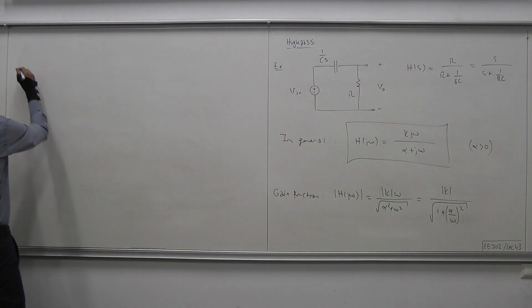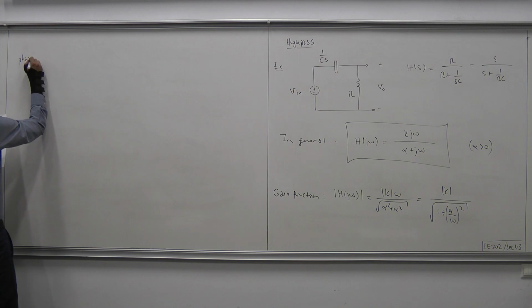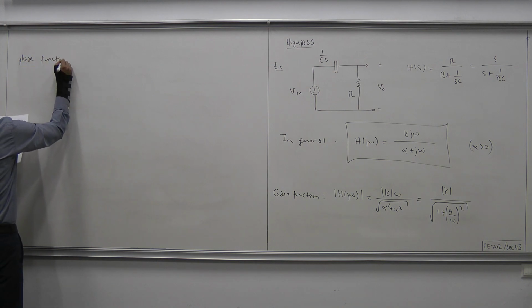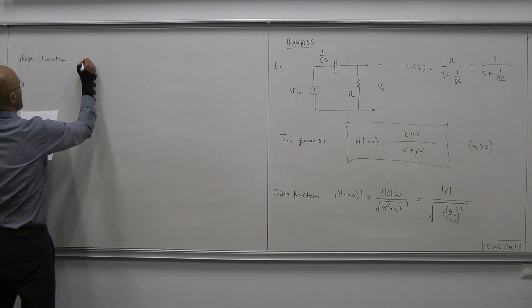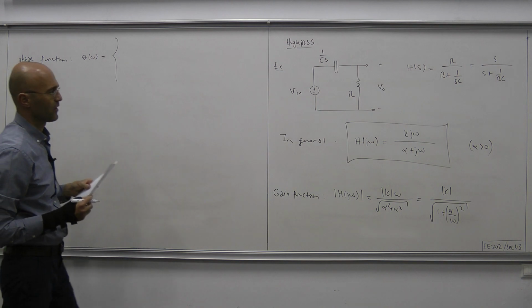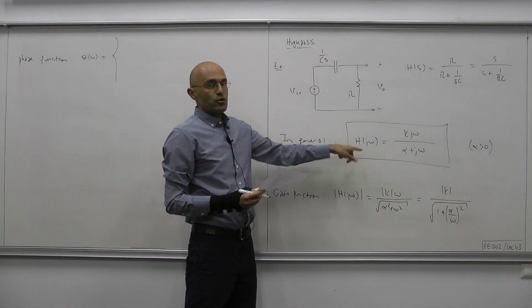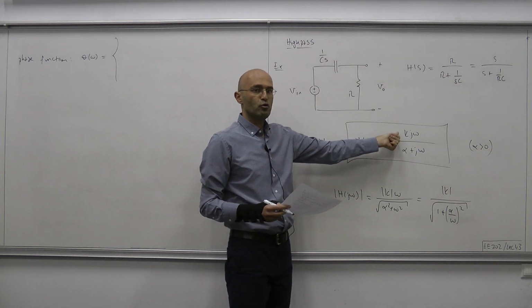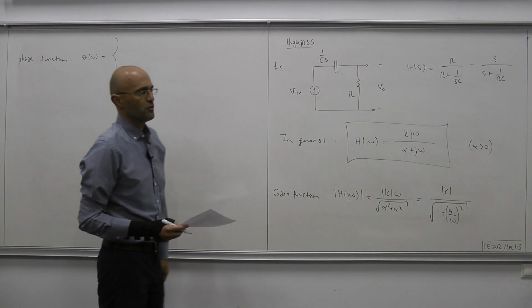As for the phase, we have the following. Phase function, theta of omega equals the phase of H of omega. Therefore, the phase of H of omega is the phase of the numerator minus the phase of the denominator.